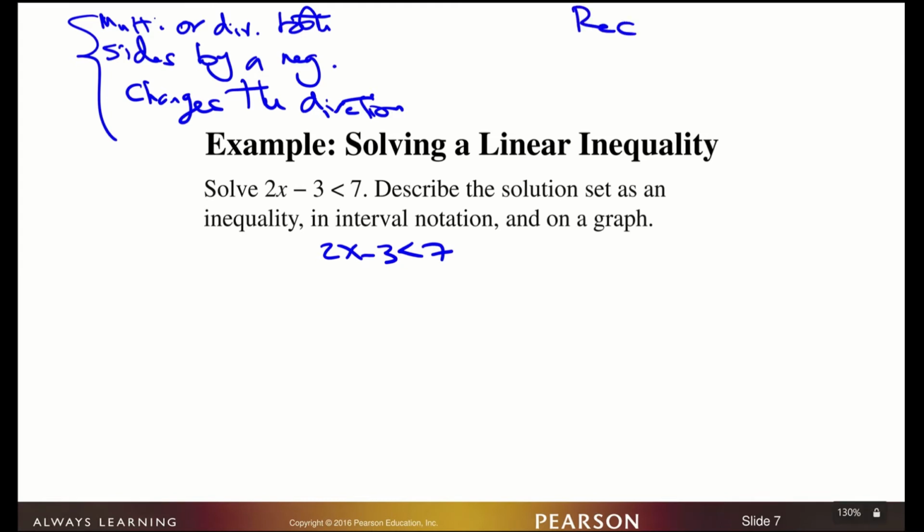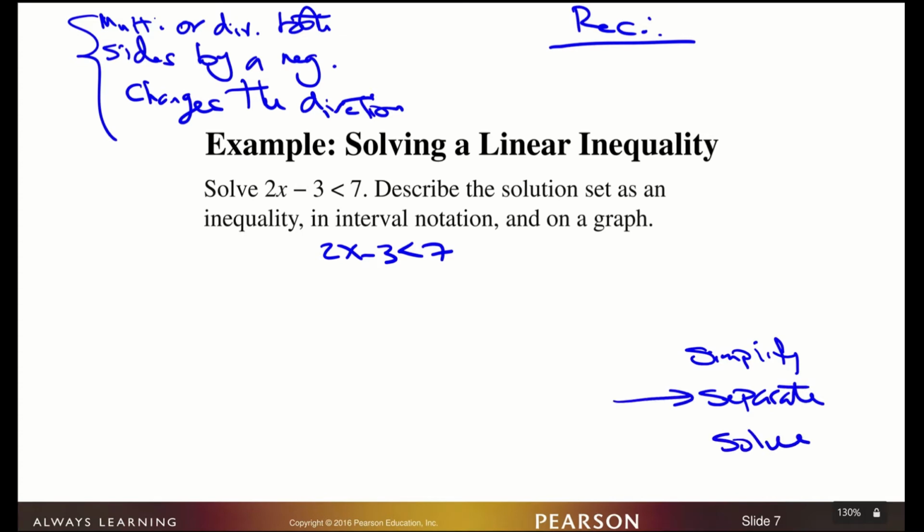And here's a recommendation. You know how with equations, when we're trying to solve them, we simplify both sides, then we separate, and finally solve. Notice in the separation step, when it comes to equations, we can go either way. We can take our variables to the left side and constants to the right, or the other way around.